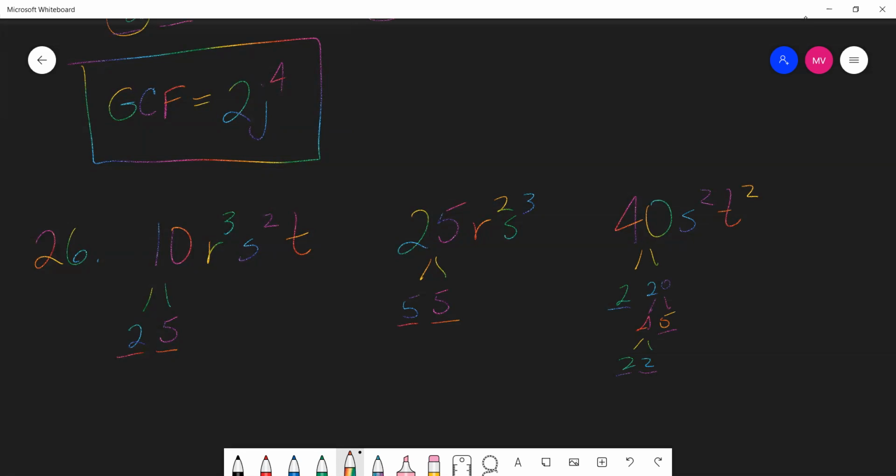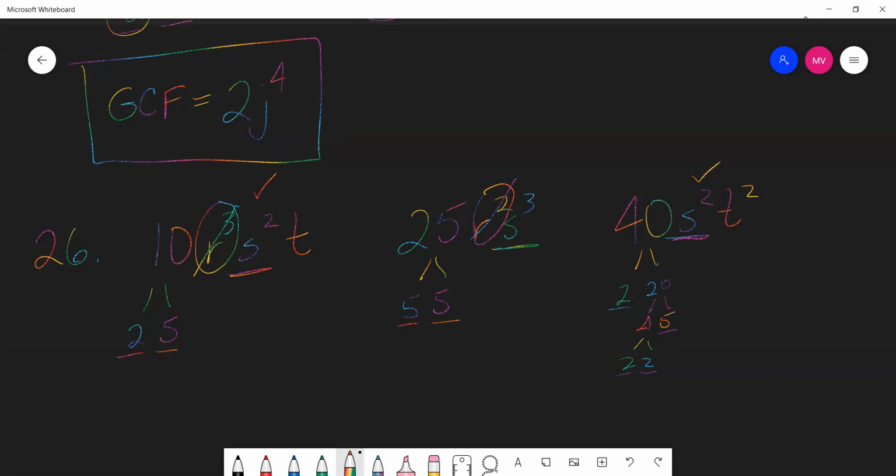I want to look at my variables. So I have an r cubed, an r squared, and I have no r. So r is not part of our greatest common factor. All right, so let's look at s. I have s squared, I have s cubed, and I have s squared. What's my smallest s? Well, it's s squared.